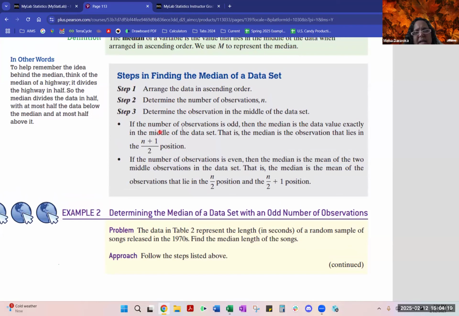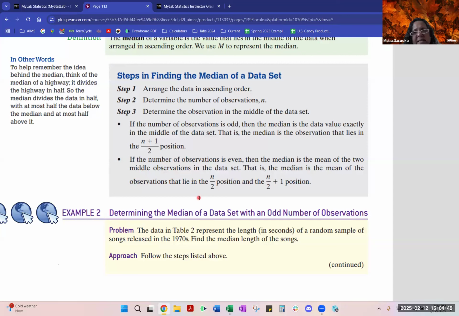If you have an odd number of observations, you just use n plus 1 divided by 2. But if you have an even number of observations, you take the 2 centermost values, add them together and divide by 2. So you will have to find the mean of the 2 centermost or middle observations in your data set.